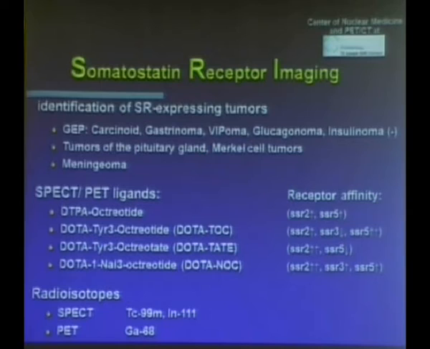Why? Not because of a high incidence of those tumors, but because of our knowledge. We have to know that every tumor in the body can present neuroendocrine signs. You have to ask the pathological institution if they can find some signs of neuroendocrine tumor. Then you have the indication for this method.